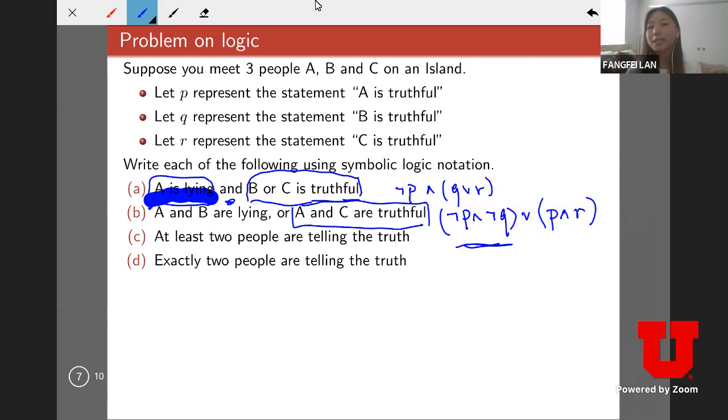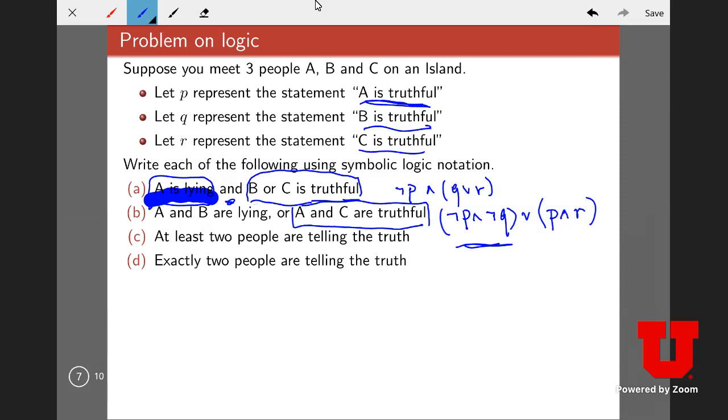What you want is to fit the statement in terms of the representation. A is truthful, B is truthful, C is truthful. You're trying to figure out what each of them is doing, what their action is. So you want to say that A is lying and B is lying instead of A and B are lying.